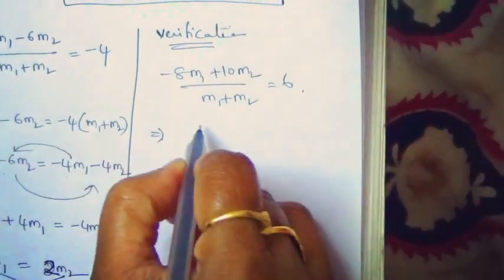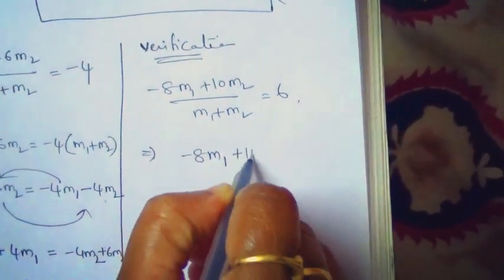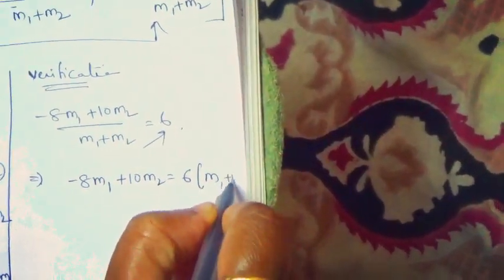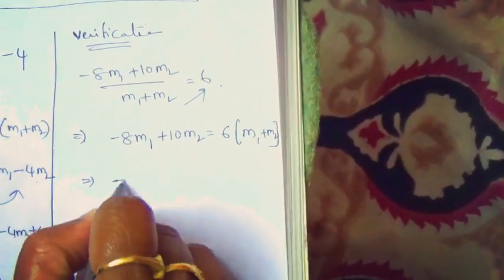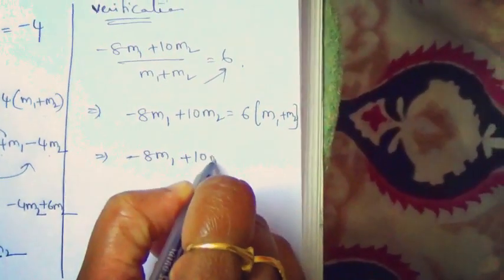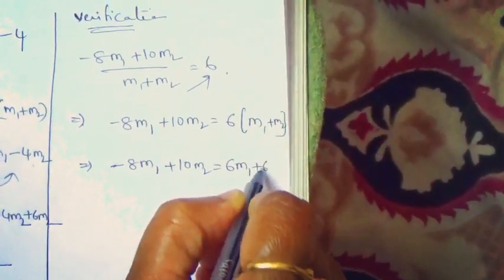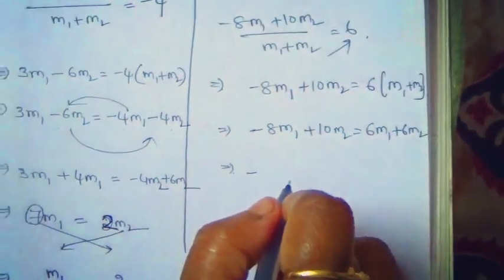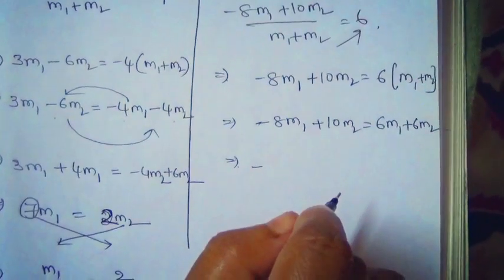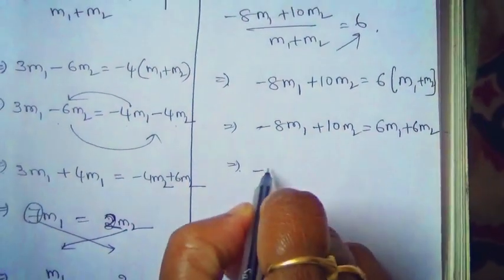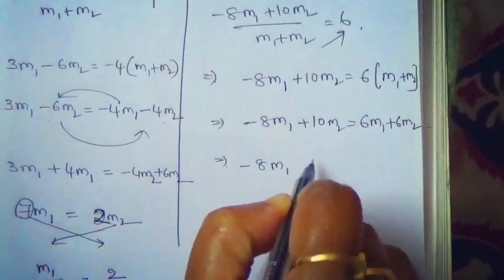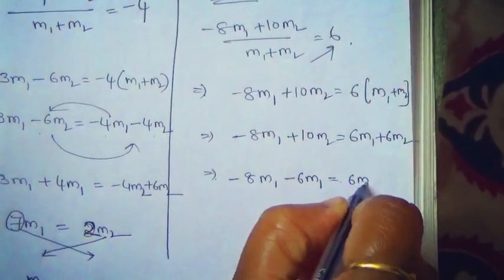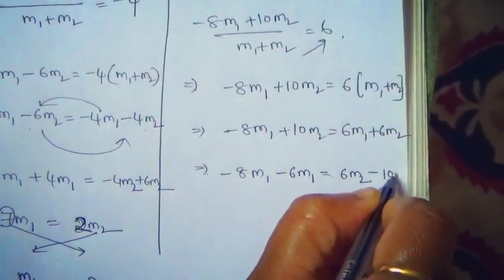Let us check from here also. That implies minus 8m1 plus 10m2 is equal to 6 times m1 plus m2. That implies minus 8m1 plus 10m2 is equal to 6m1 plus 6m2. That implies, so m1s to one side: minus 8m1 minus 6m1 is equal to 6m2 minus 10m2.